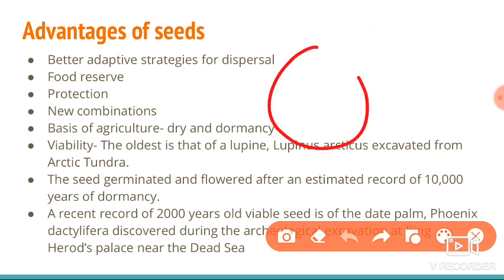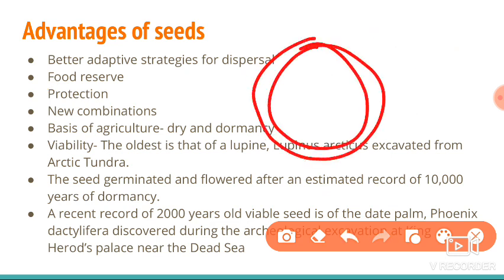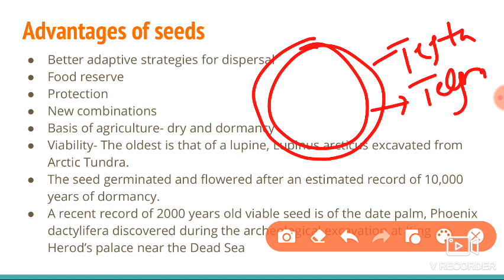The outer layer we call the testa. The inner layer we call the tegmen. And this will protect the developing embryo present inside the seed. That is mainly protected by the seed coats.